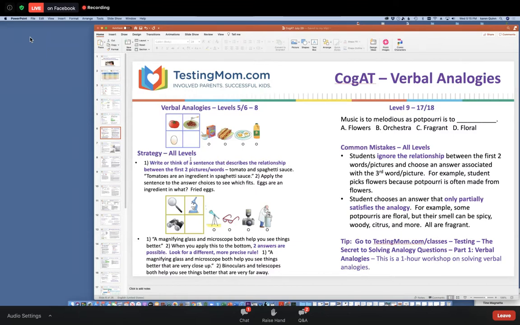Okay, so for verbal analogies, here's one. This is tomato, and then we have a spaghetti sauce, and then we have an egg and different foods. And we know that a tomato is an ingredient of the sauce here. So the egg would be an ingredient of one of these things. So one of the things you want to do is teach your child to think of a sentence that describes the relationship between the pictures on top.